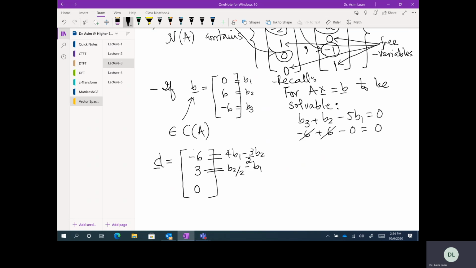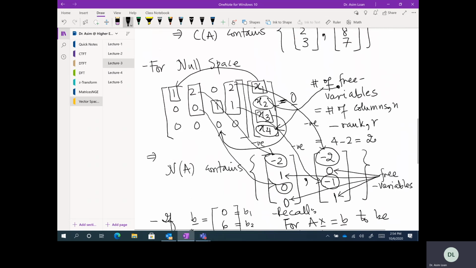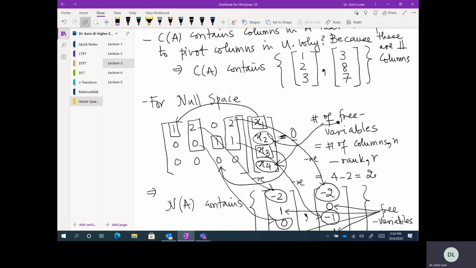Is it minus 6 or minus 9? This is 4b1 minus 3 by 2 b2.